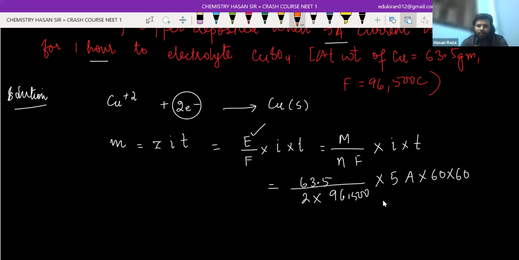This will be almost equal to, just wait a minute, the 20 and 20 will be cancelled, and here you will get 11430 divided by 2 into 965, that is equal to 1930. Again 10 and 10 will be cancelled, 1143 divided by 193, that is equal to 5.9 gram.